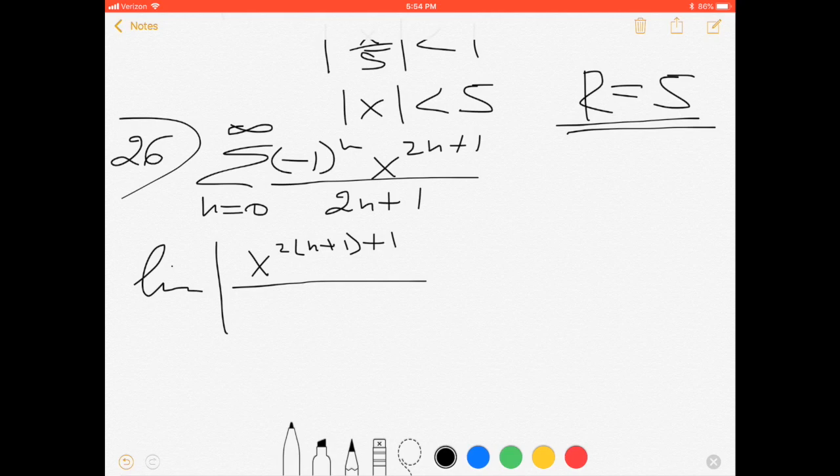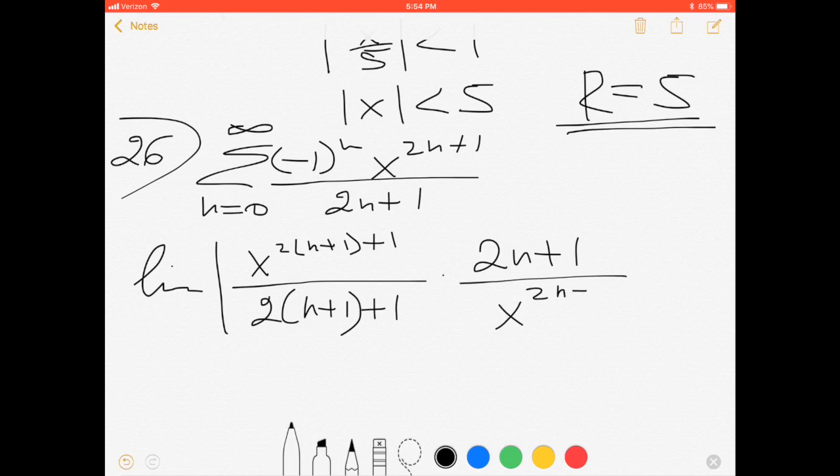Where you have n, you plug in n+1. That's it, 2(n+1)+1. And the n term is exactly the term you have in your formula. But we need to divide, which means we flip our fraction, as n approaches infinity.